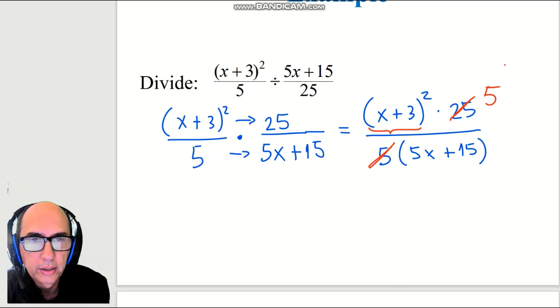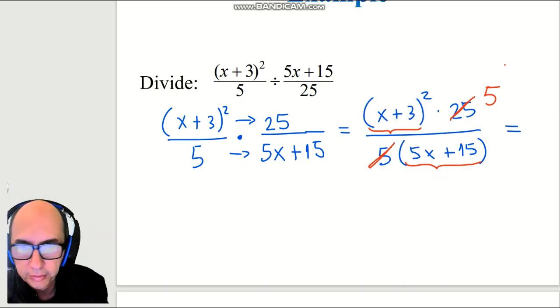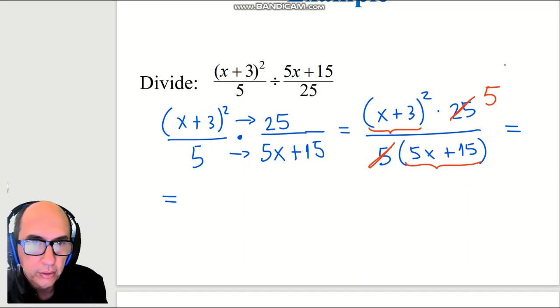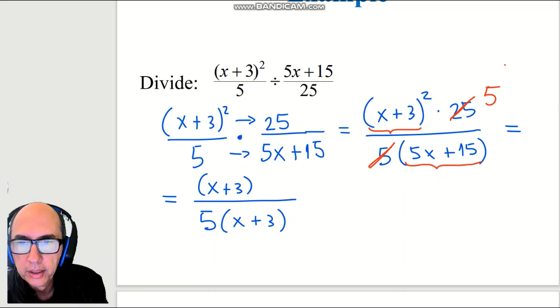Yeah, we can factor out something on this expression. I think it's possible to identify that we can factor out 5. 5 times (x plus 3). See, 5 times x, 5x. 5 times 3, 15. On the top we have (x plus 3) squared times 5.